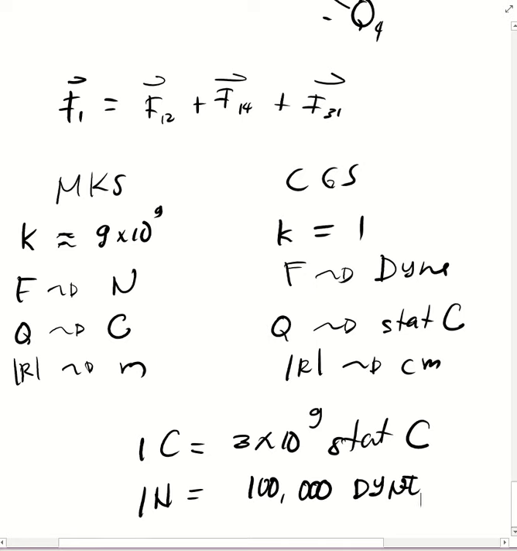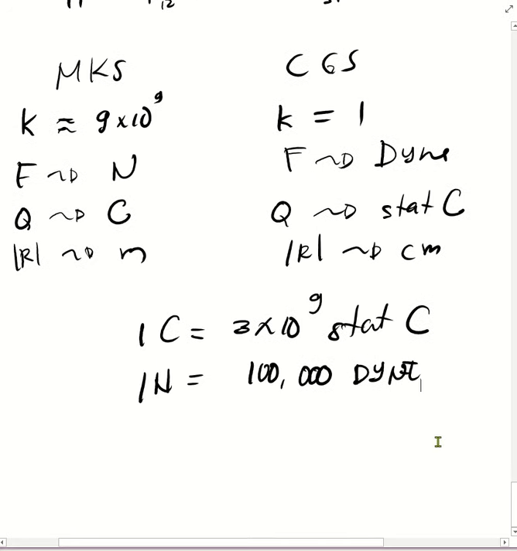So when you're solving problems using Coulomb's law, make sure you do not combine these two systems. Do not use centimeter while using Q in coulomb. Do not use statcoulomb when using meters, or the result is not in Newton. So you need to be consistent.